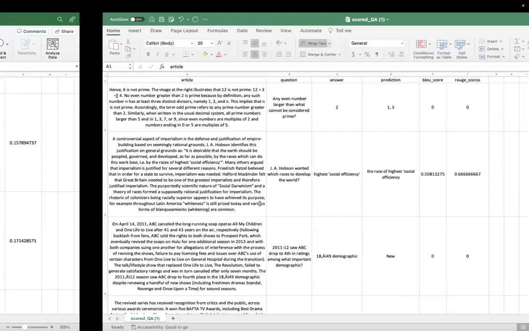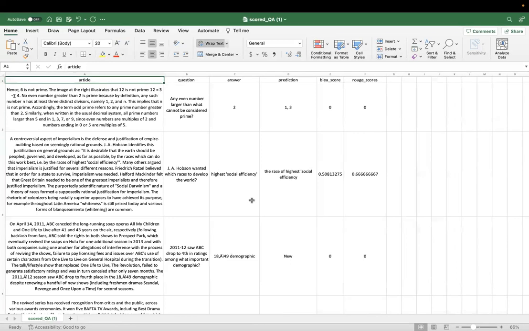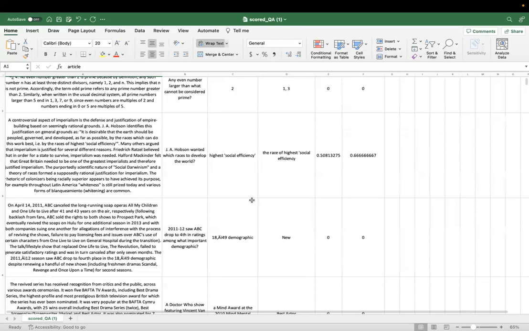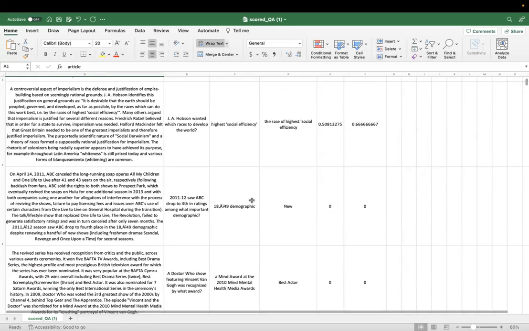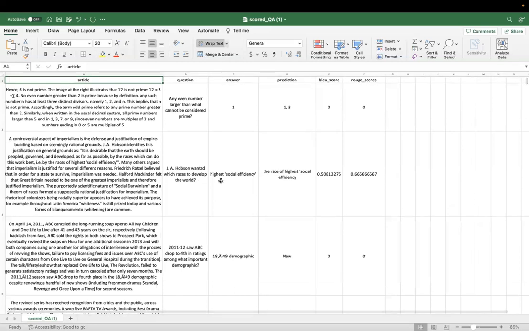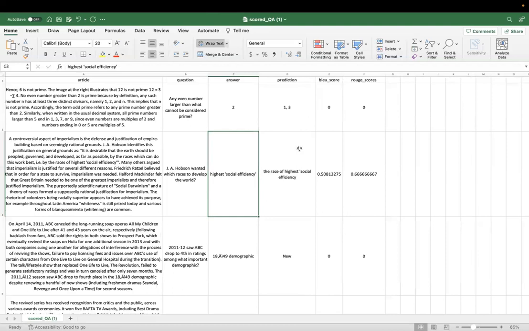And for question answering, we faced similar mixed results. Since grammar doesn't come into the picture here, because the answer is going to be just 1 to 3 words maximum, you can see that the actual answer is "highest social efficiency", but the prediction is "the race of highest social efficiency", which is pretty close, but the BLEU score still gives us 0.5.